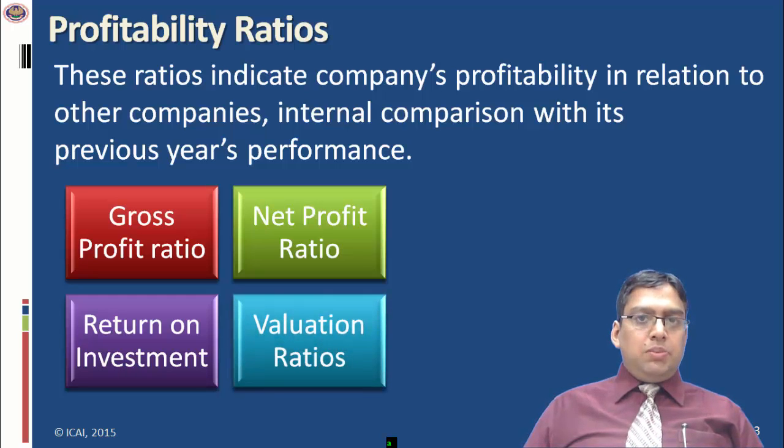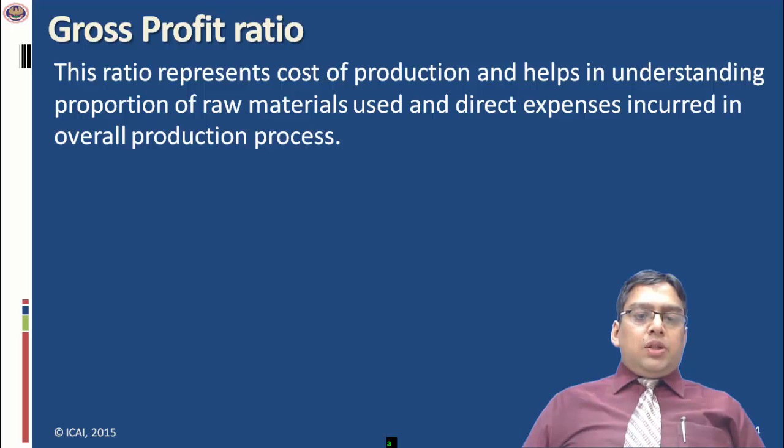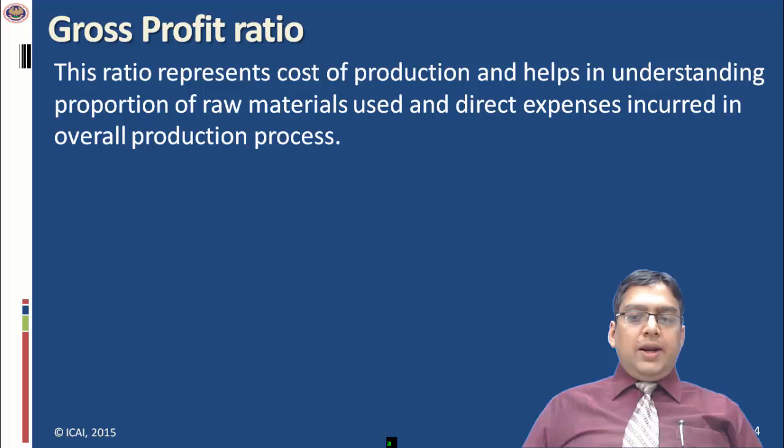Valuation ratio is divided into three parts. We can discuss later. First is gross profit ratio. This ratio represents cost of production and helps in understanding the proportion of raw material used and direct expenses incurred in the overall production process.